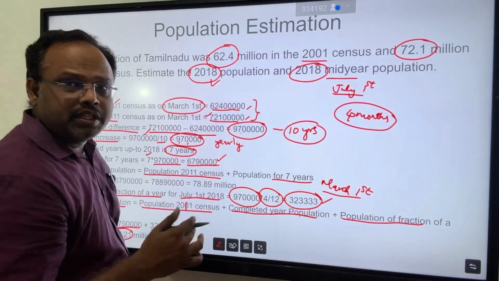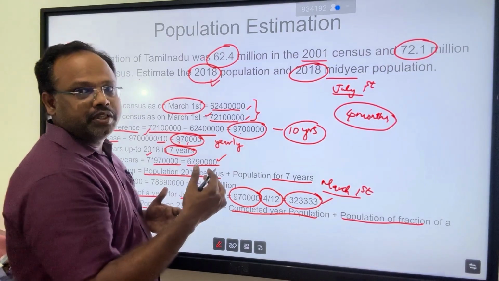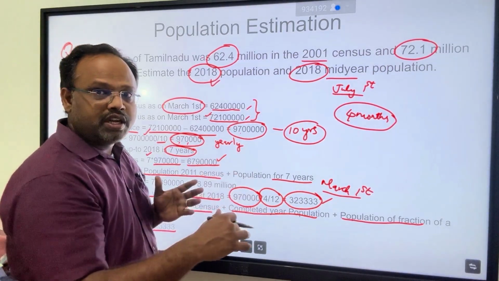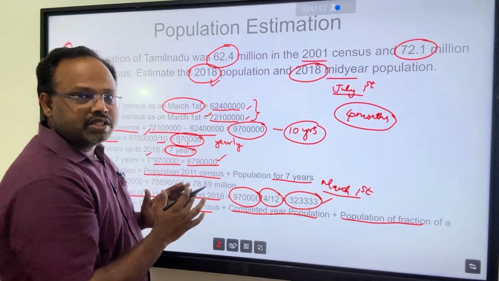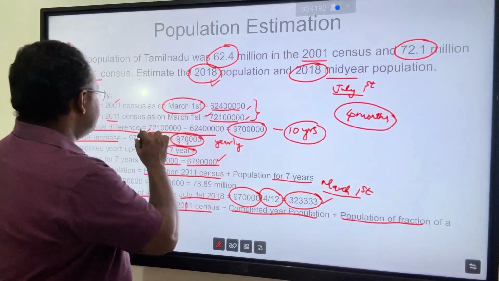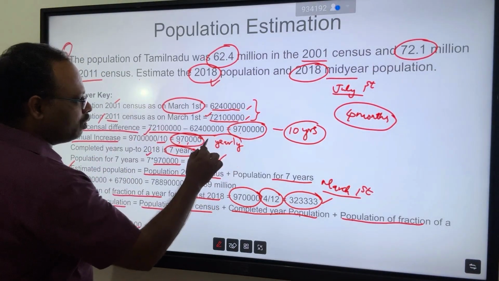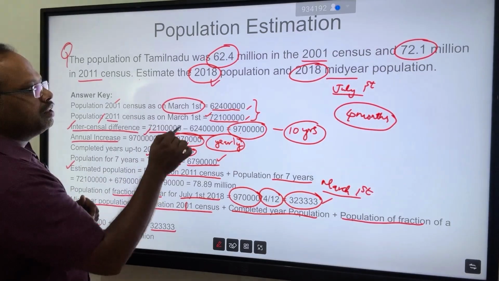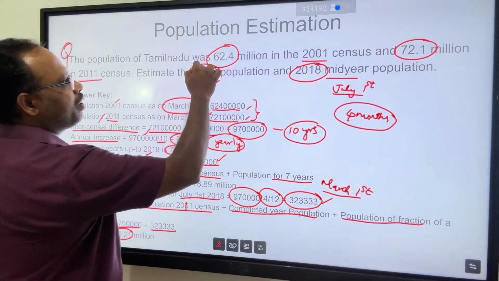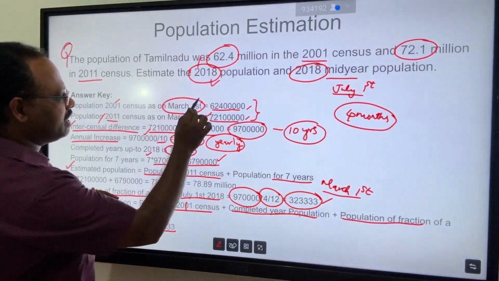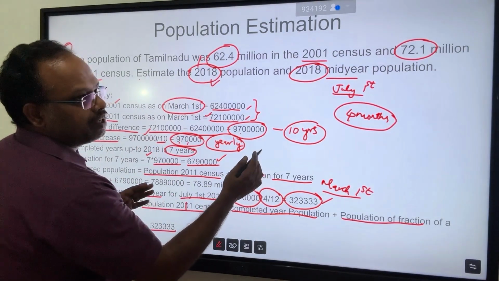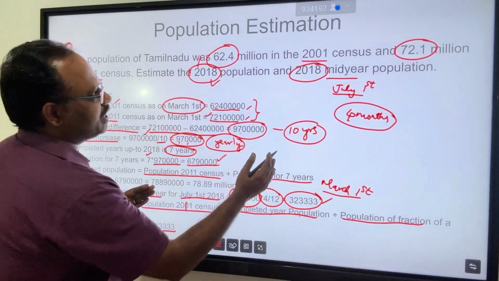Like that, the question may be different, with a different time period and also a different month. The concept remains the same. We need to calculate the intercensal difference. Then we need to calculate the yearly growth. Then we calculate the population for that particular point of the year by adding the recent census population with the complete growth of the population up to that point of time.